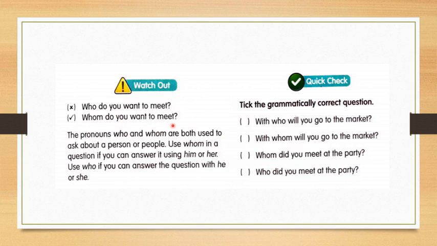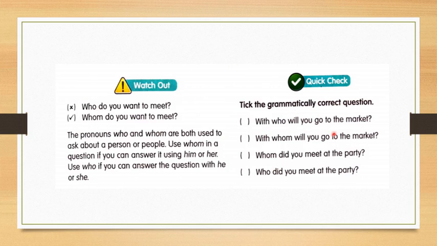Whom do you want to meet? So I want to meet him, I want to meet her. Use who if you can answer the question with he or she. Who do you want to meet? If your answer is going to start with he or she, you should use who. Now take the grammatically correct question.